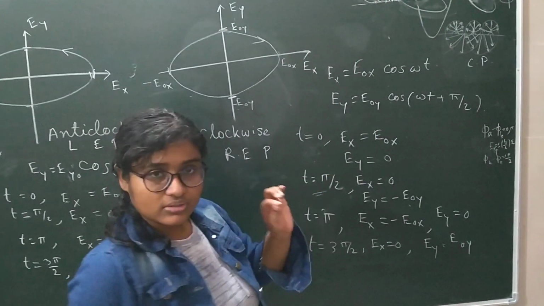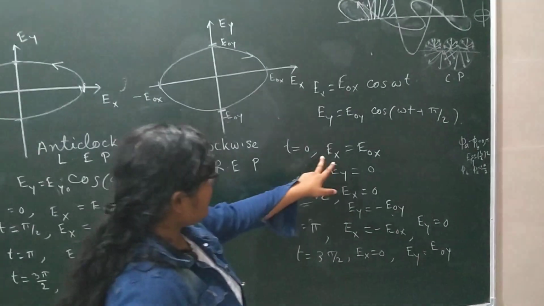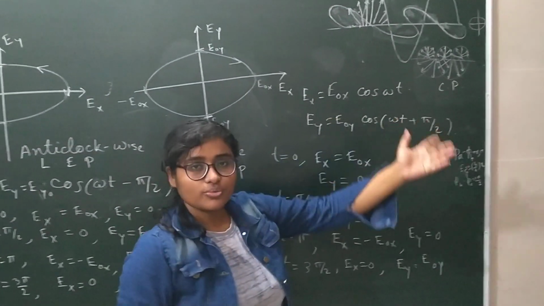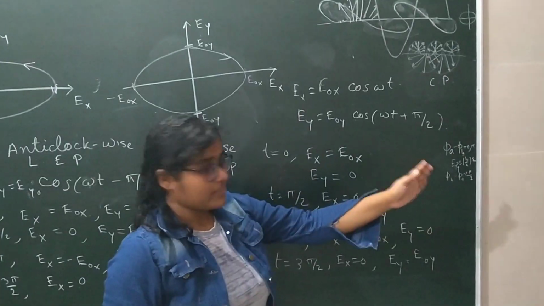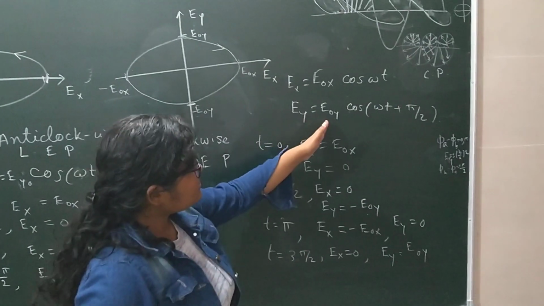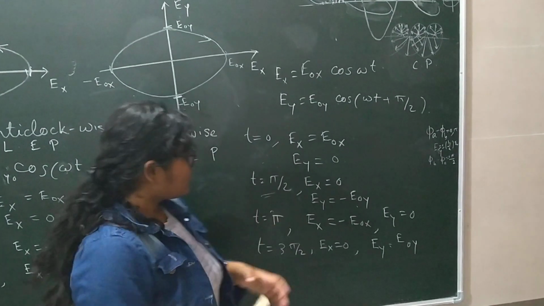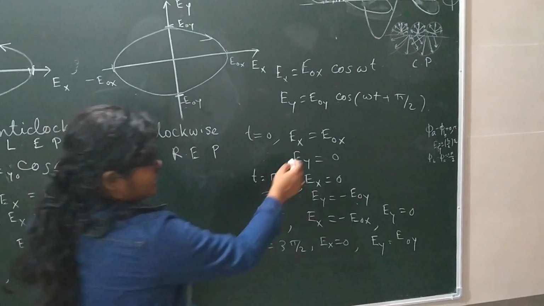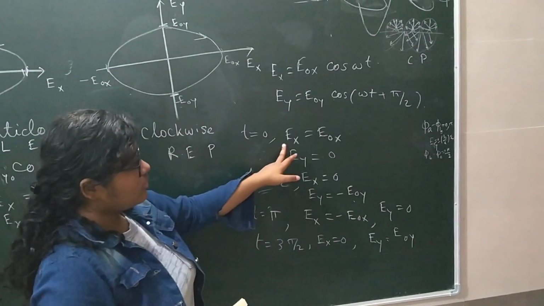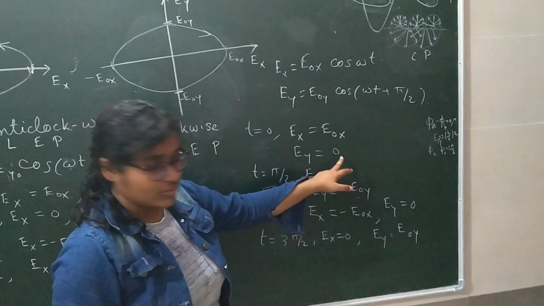At t equals 0, the initial time, Ex will be E naught x because cos omega t is cos 0, that is 1, and Ey will be 0 because cos pi by 2 is 0. So at t equals 0, Ex equals E naught x, Ey equals 0.